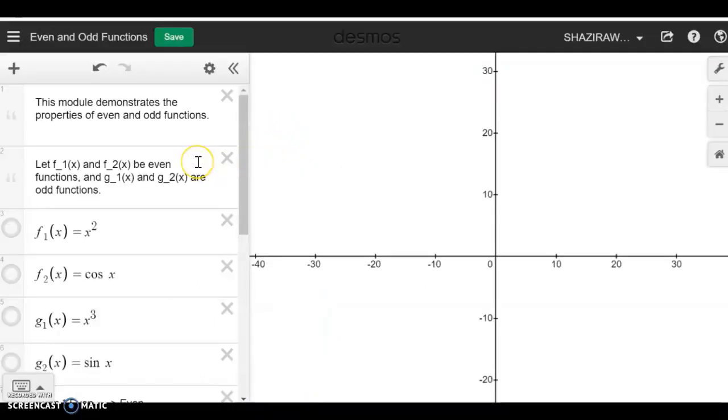Now, this module, which is Desmos Online, you can try on your own later. This module demonstrates the properties of even and odd functions.